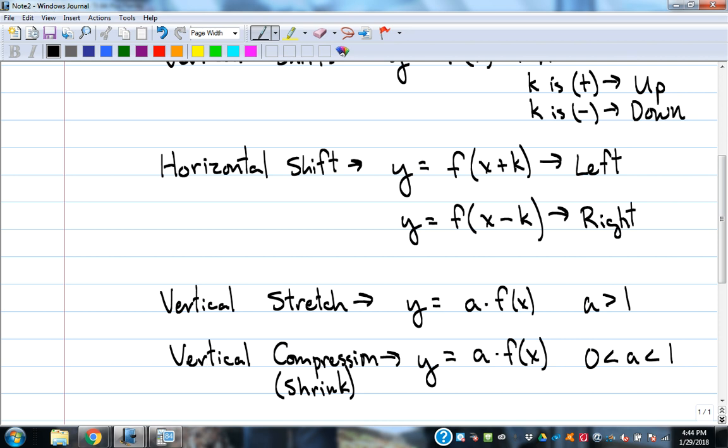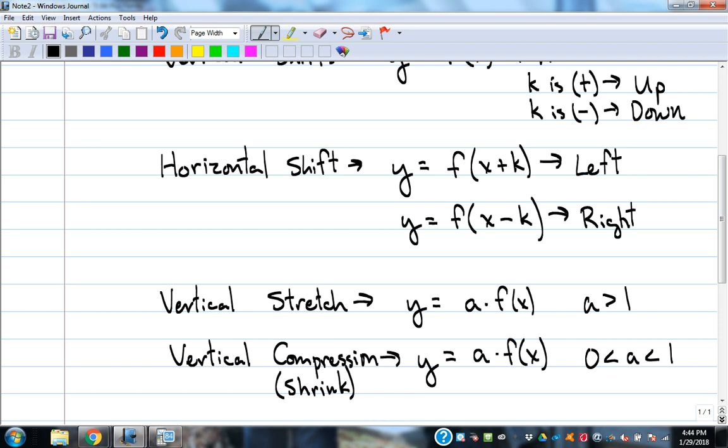On the vertical compression, the number has to be less than 1 but bigger than 0. We're not dealing with a negative here at all. The negative does something totally different. It's a separate thing.